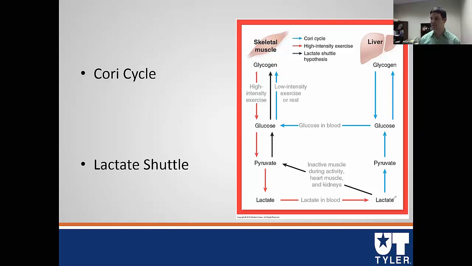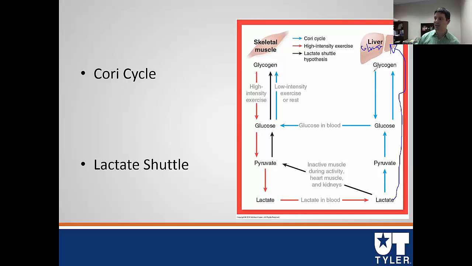Once that lactate is in the blood, it has several different fates. If we think about this as the Cori cycle, this figure I don't truly love, so I'm going to explain it a little better. The Cori cycle is truly that this lactate goes from the muscle and the blood into the liver, and the liver then converts it to glucose, which can then be converted to glycogen.